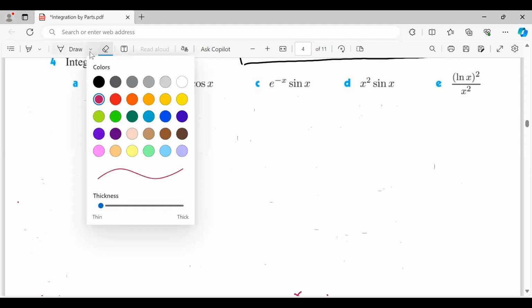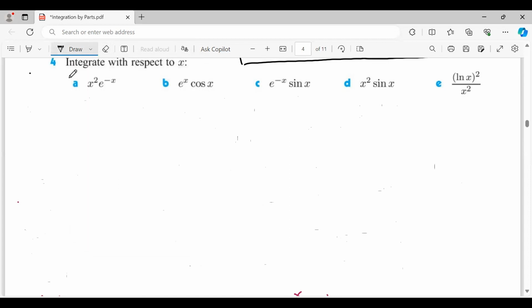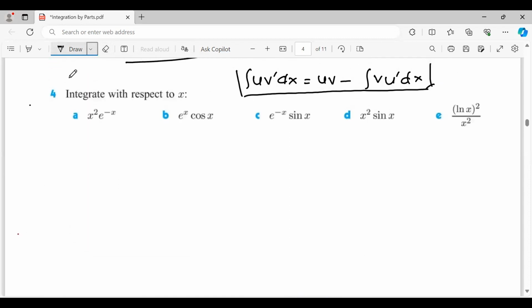Okay, let's be doing number 4E. For E, this integral, I would like to start with E. Better if you write it as ln x squared times 1 over x squared dx.